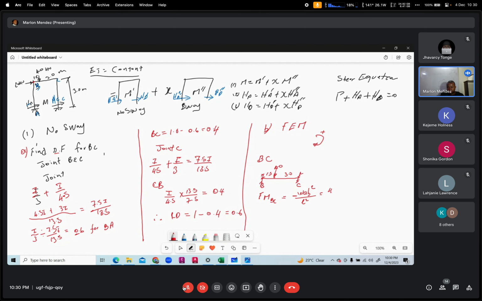The W is 40. A is 1.5, and B is 3, so 40 times 1.5 times 3 squared divided by 4.5 squared. This gives minus 26.7 kilonewton.